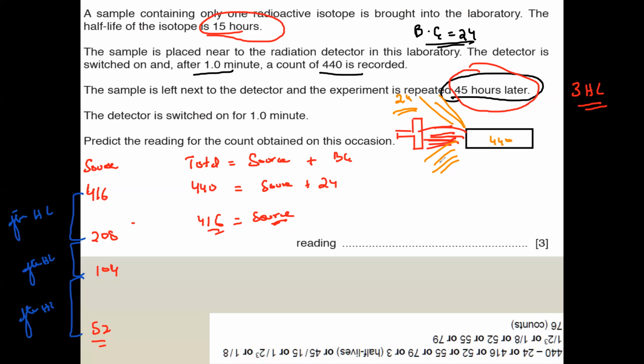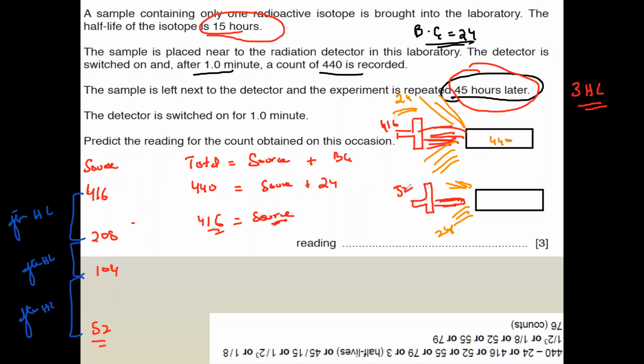The question asks what the detector reading is. They're not asking for the source reading. After 3 half-lives, the radiation from the source was 416 but is now 52, and the background radiation does not change, it remains the same at 24.